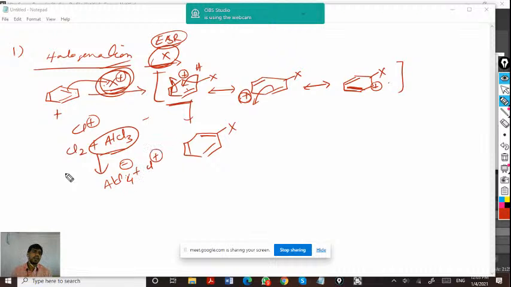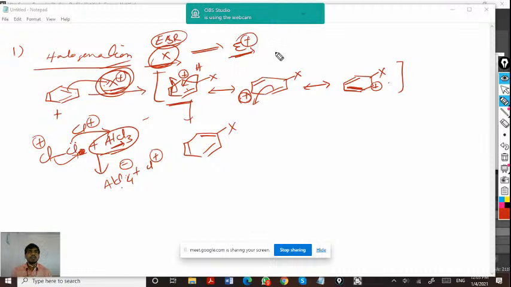How is it happening? Chlorine is a homodiatomic molecule, and it will be attacked by the Lewis acid, which is attacked by the nucleophile, so it becomes AlCl4 minus and this bond will be with this, so it becomes chlorine plus. So generation of the electrophile is the first step in the electrophilic substitution reaction.